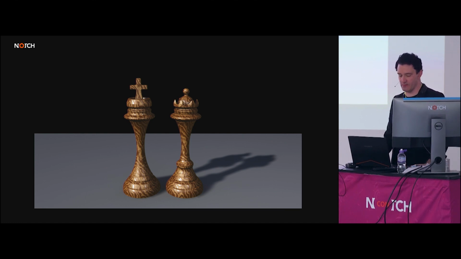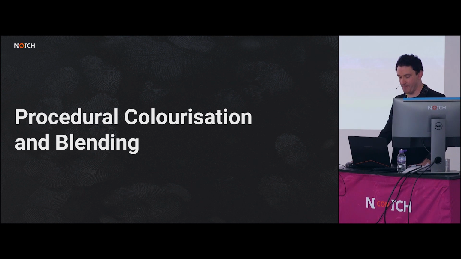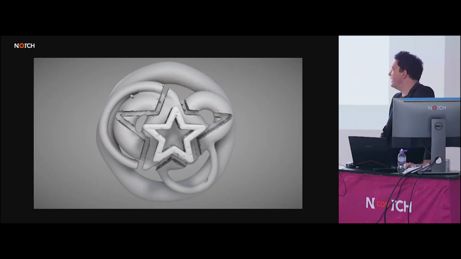So UVs you can't really generate, you have to generate UVs. They don't really carry with the procedural. However, colorization is now possible in 922. So I've got this procedural shape here that Ed, one of our guys, has made.